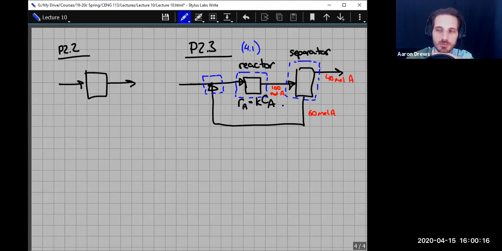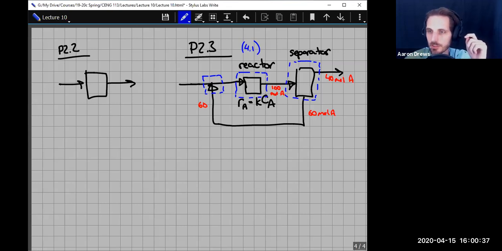But I'm not trying to trick you with that specification about the separation unit removing and recycling 60% of the unreacted ethylene glycol. It just means if there's 100 here, there's 60 coming out and going back to the beginning. And so now this term up here would be, you know, whatever, 60.